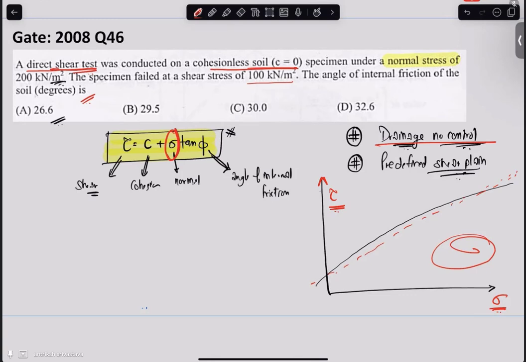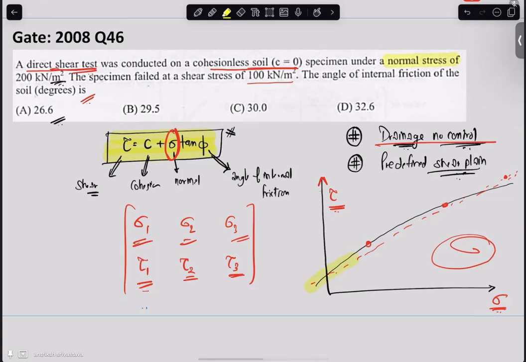So basically, you do the direct shear test or the triaxial test multiple times for different values of normal stress or effective normal stress, and then you compute their individual shear strength. When you plot them, they fall almost on a linear line, which we also call the shear envelope.